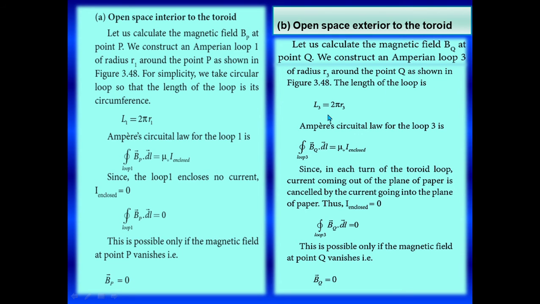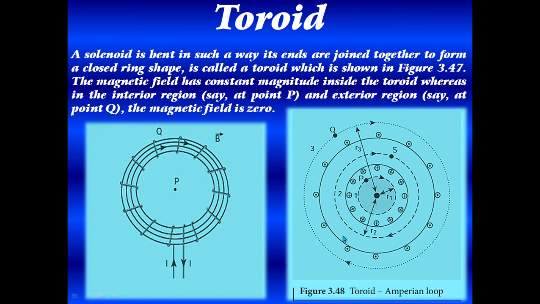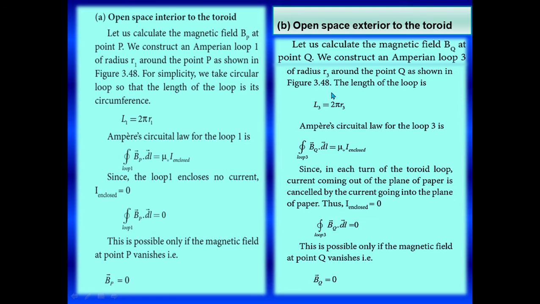The length of the loop is L3 is equal to 2 pi R3. So for the last region, the exterior region, the length of the loop is nothing but 2 pi R3.